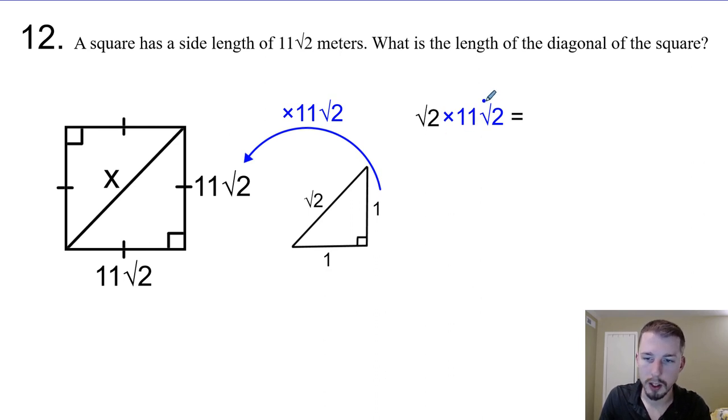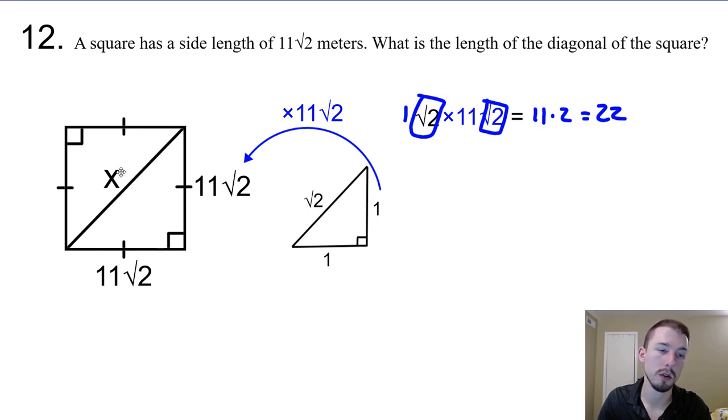We multiply the parts in the radical, and then we multiply the parts on the outside of the radical. So 11 times 1 is going to be equal to 11, and then rad 2 times rad 2 is going to be a regular 2. So we have 11 times 2, which is equal to 22. All right. So this hypotenuse of rad 2 is now going to turn into 22. So that's going to be our diagonal.